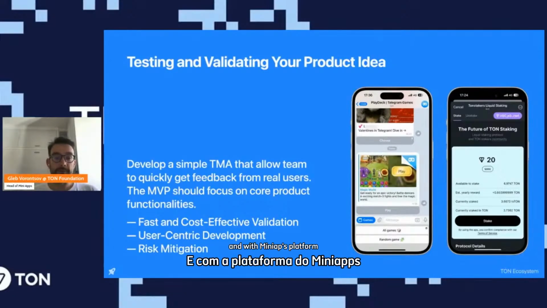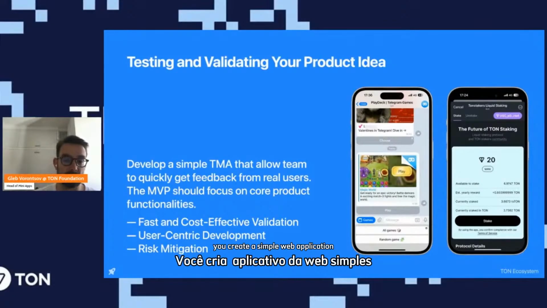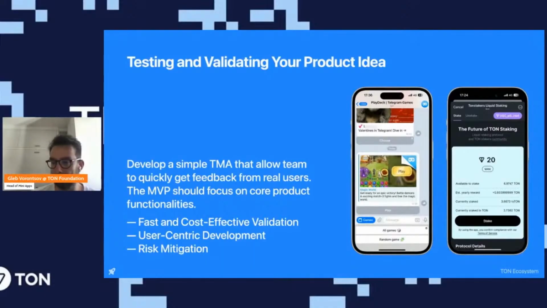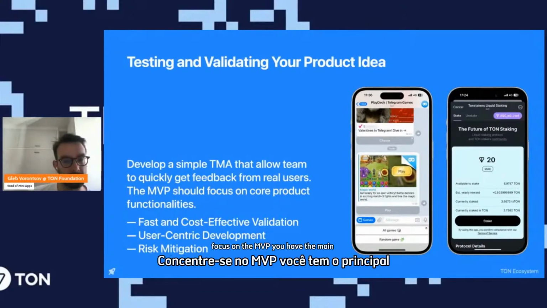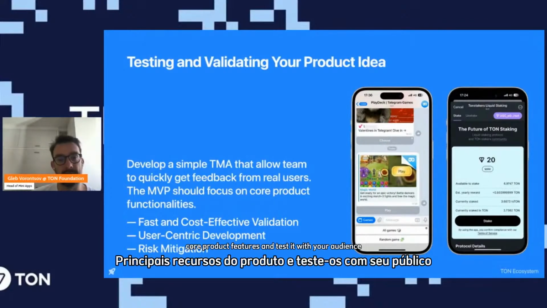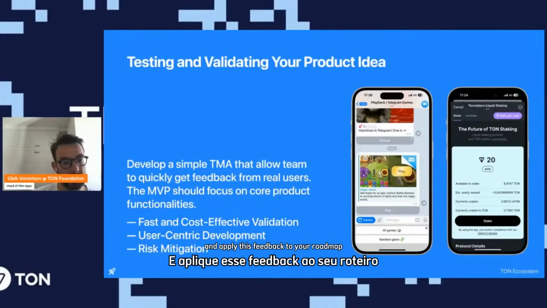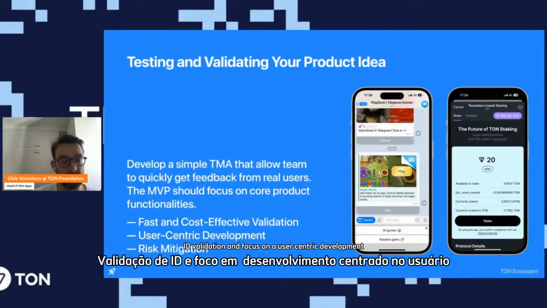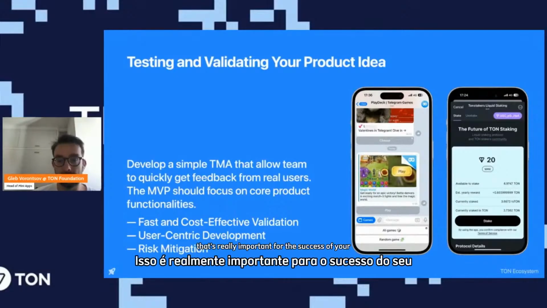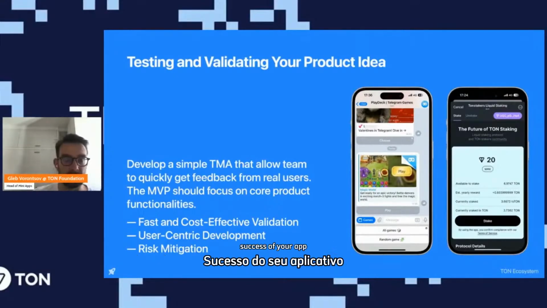With the mini apps platform, you create a simple web application and you test it on the audience. Try to test your product as early as possible. Focus on the MVP with the main core product features and test it with your audience. Get the feedback and apply this feedback to your roadmap, to your idea validation, and focus on user-centric development. That's really important for the success of your app.